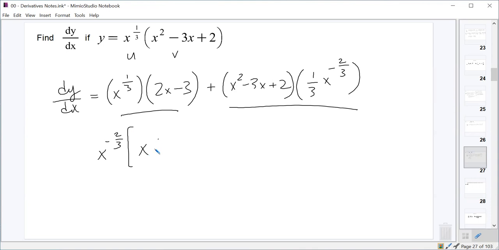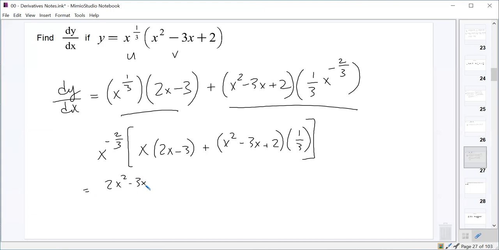So we've got an x times a 2x minus 3, and we've got a plus x squared minus 3x plus 2 times 1/3. And that'll allow us to distribute the things inside the brackets, and it'll allow us to drop that x to the negative 2/3 into the denominator. So we'll end up with 2x squared minus 3x from the first piece as I distribute that.